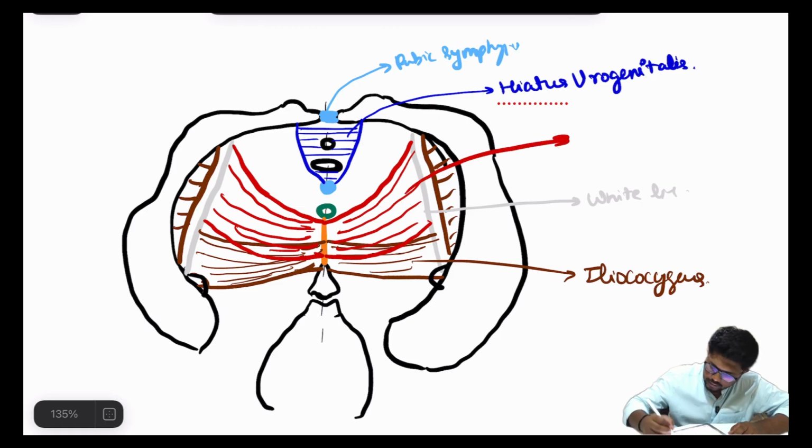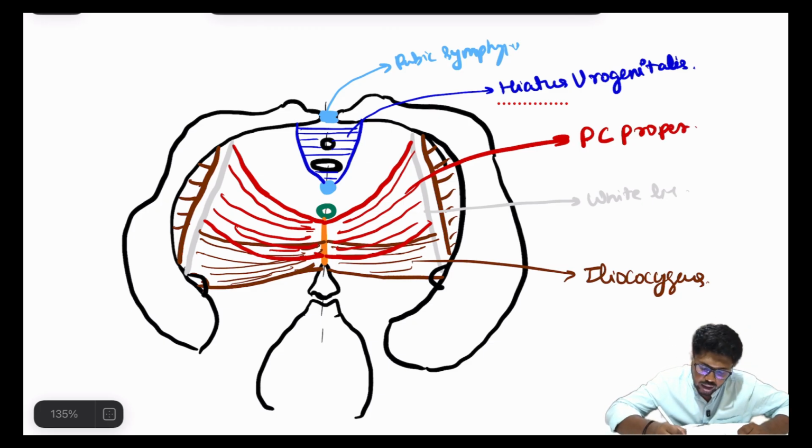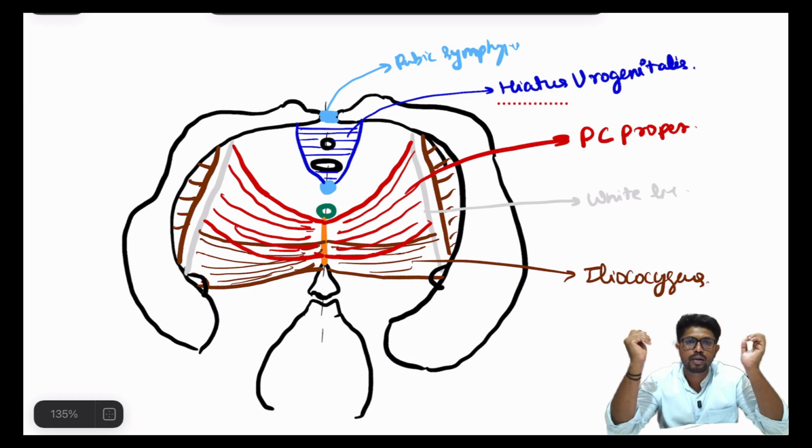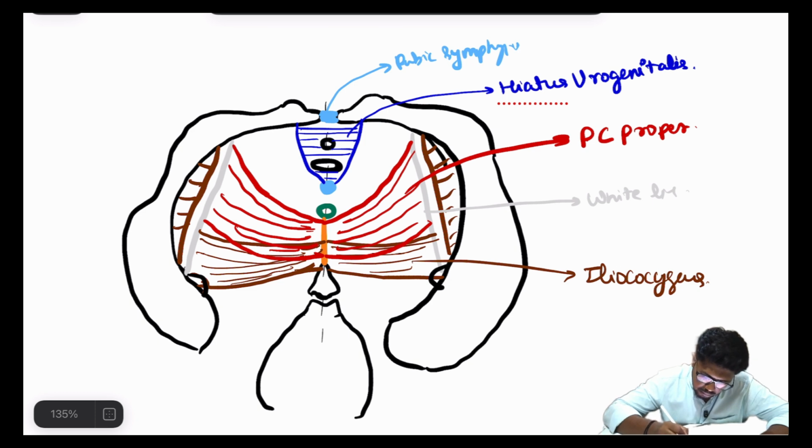So this muscle is Pubococcygeus proper. Now, Puborectalis. So what is Puborectalis? It is not a whole muscular content. It is just like a sling. So it is also called Puborectalis sling. So I am making it with a different color.